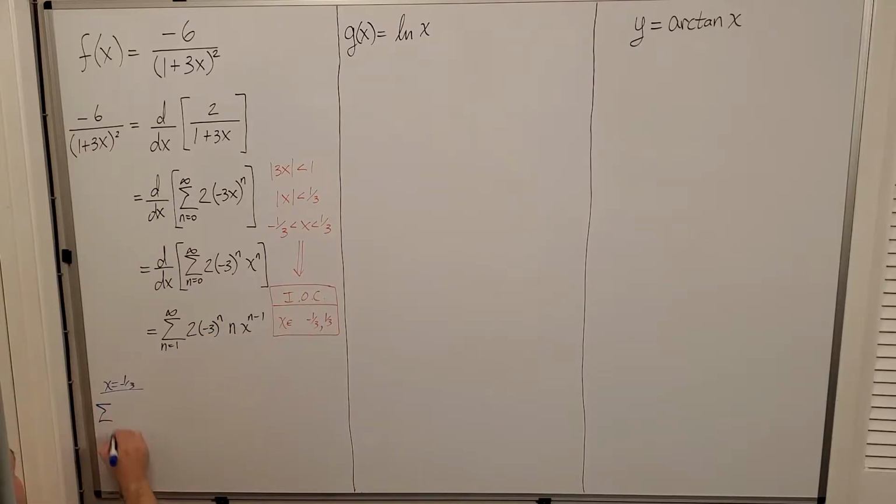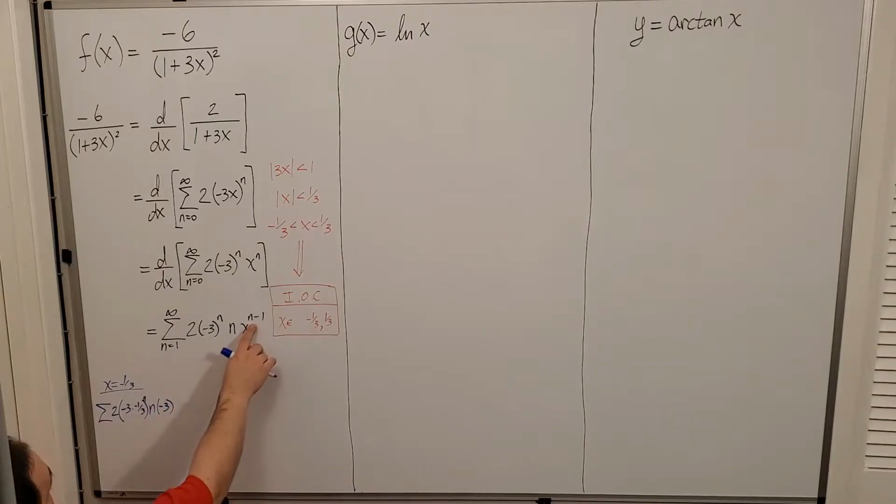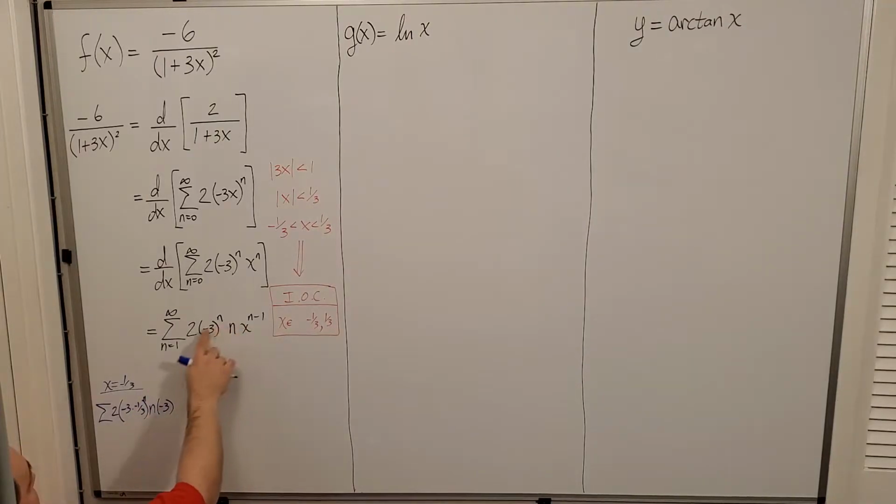So I'll have the summation where I have 2, and I'll have negative 3 times negative 1/3 to the n, basically, times n, and then times negative 3. So you see what I did with the n minus 1? To make them match the powers, I pulled out another negative 3 from here, so that the negative 3 and the negative 1/3 that came from the x have the same n power.